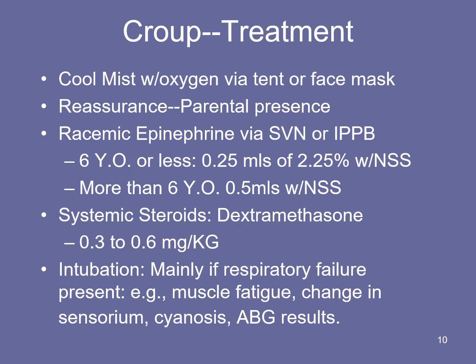But the question is, should the patient have the full dose, which is a half an ml that would obviously be diluted in 3 or 4 mLs of normal saline, or should they get the half dose of 0.25 mLs of that 2.25% solution?